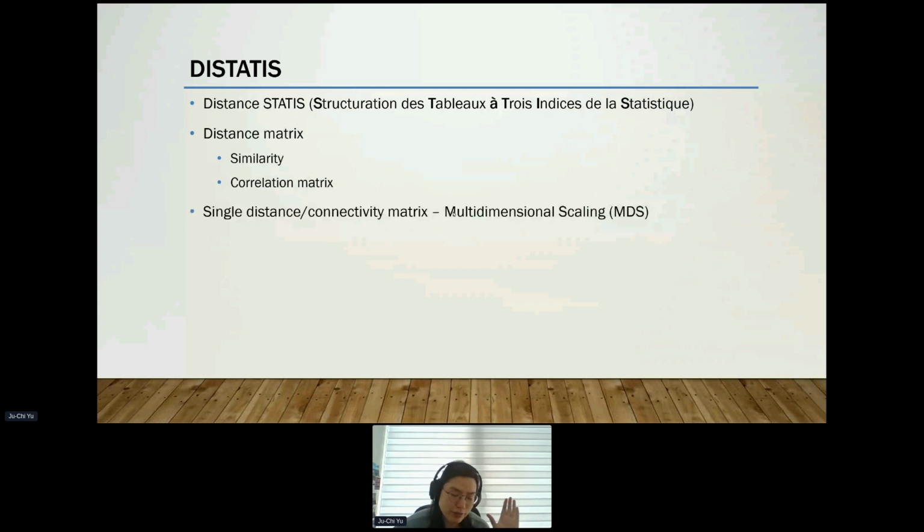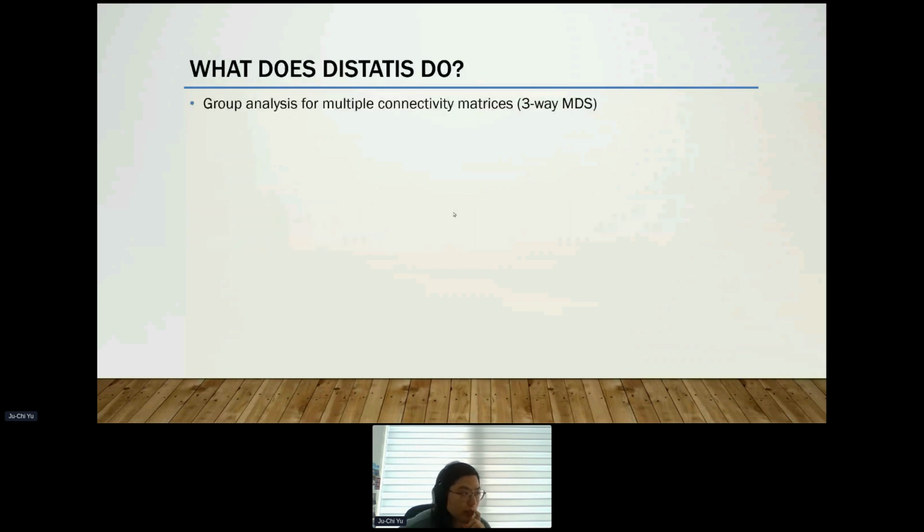When you work with a single matrix like that, you do multidimensional scaling. And DiSTATIS is when you have multiple matrices like that, so you could do a joint analysis of all of them. So it works on multiple connectivity matrices. I would call it a 3-way MDS.